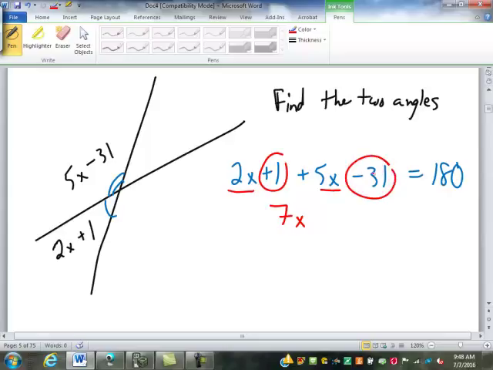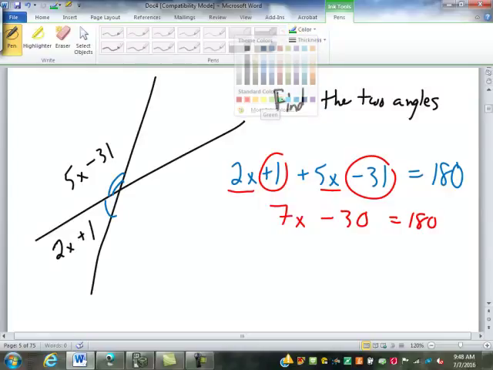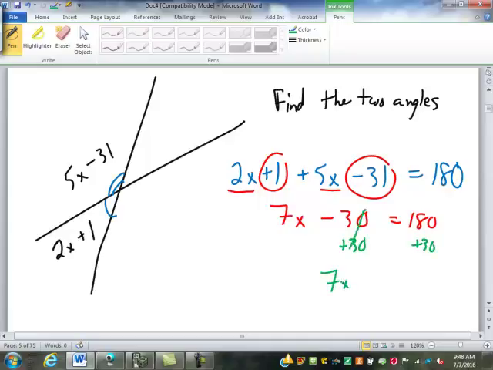One and negative 31 or negative 31 and 1 make what? Negative 30 equals 180. And then add 30. So 7x equals 210.